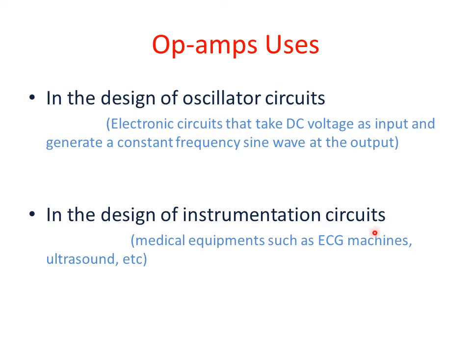However, you should know that circuits which help us to measure different parameters from the human body, like ECG machines and ultrasound, etc., are called instrumentation circuits, and operational amplifiers are used in the manufacture of these circuits and so on.